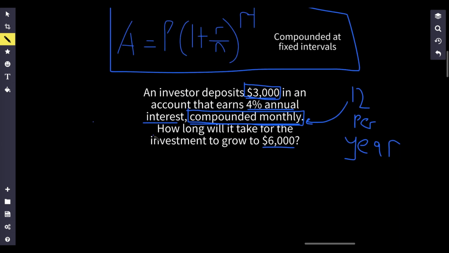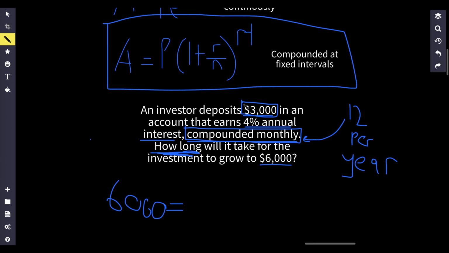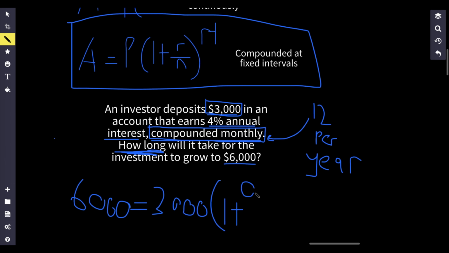Now, we're trying to find out how long, which represents that we're solving for time. How long will it take for the investment to grow to $6,000? So $6,000 is our goal. That is what we want for our final amount. $6,000 is equal to our initial amount, our principal, the amount we invested, times 1 plus r, which is our annual interest, 0.04, divided by the number of times we compound per year.